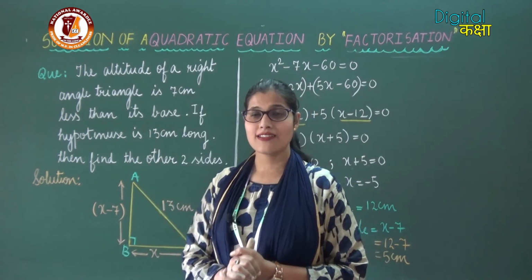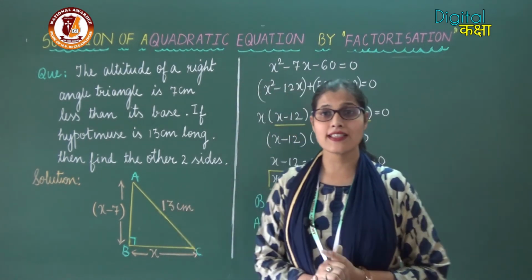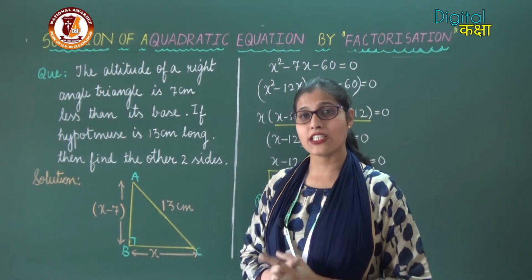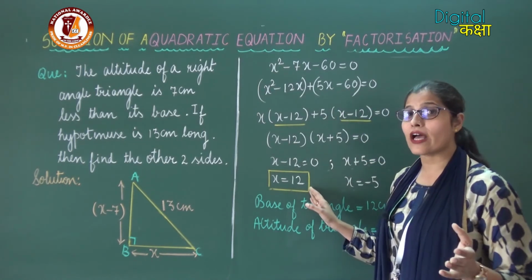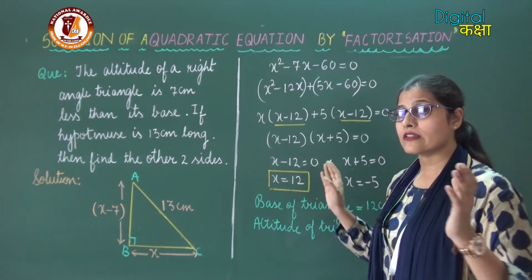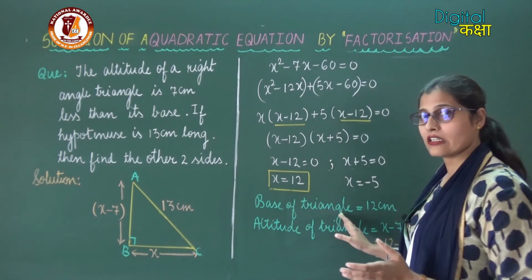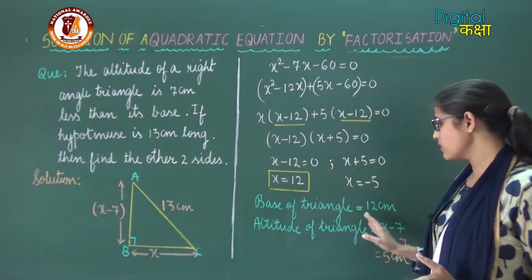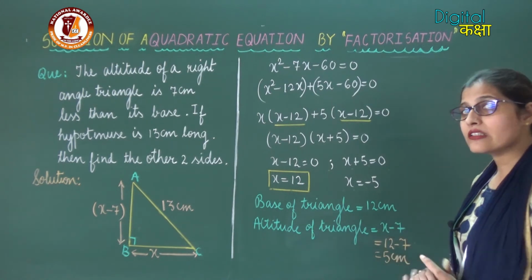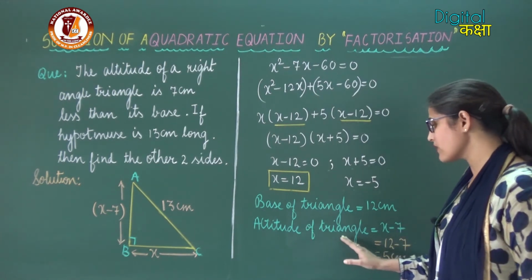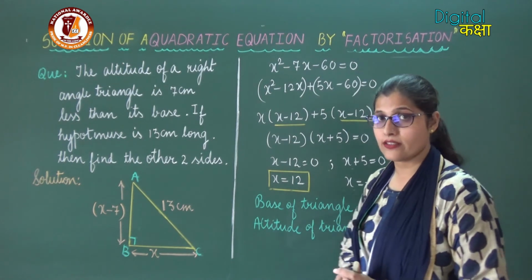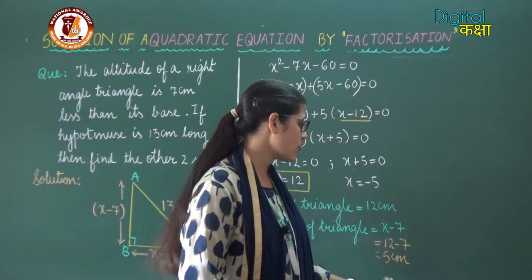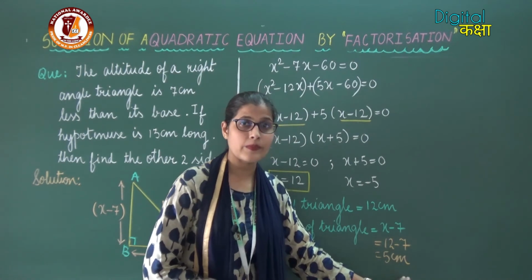As we know that the length of the base cannot be a negative integer, we will take the positive value of x. Thus the base of the triangle is of length 12 cm and the length of the altitude of the triangle, which is equal to x minus 7, will be equal to 5 centimeter.